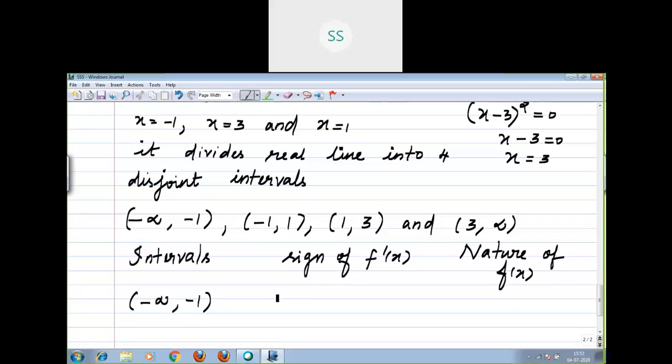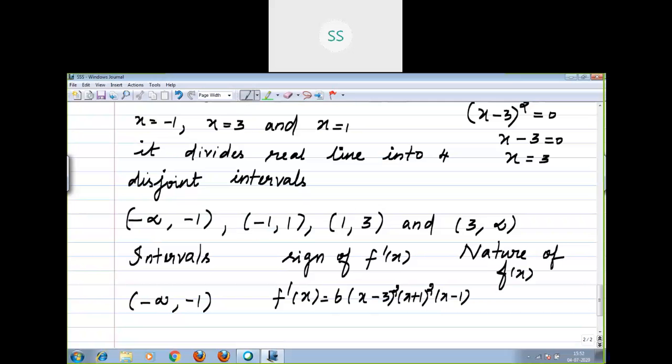You know very well your f dash of x, what it is, right? F dash of x equal to 6 into x, (x minus 3) the whole square into (x plus 1) the whole square into (x minus 1).